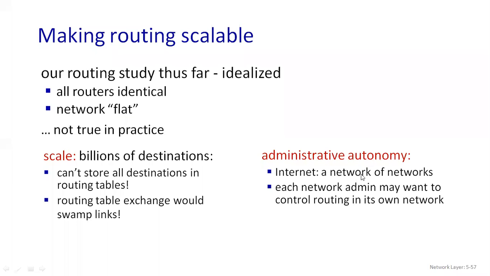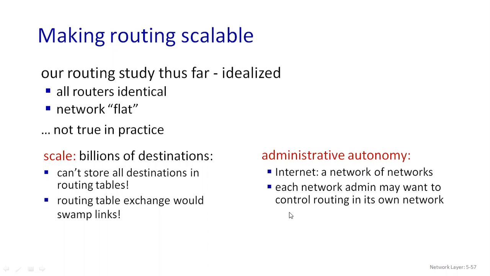But if I consider the concept of a network of networks, it means that from a very vast set of sources, you send messages to a vast set of destinations. At that time you use the concept of the internet. This is one kind of administrative autonomy, where you use the internet concept to make routing more scalable.